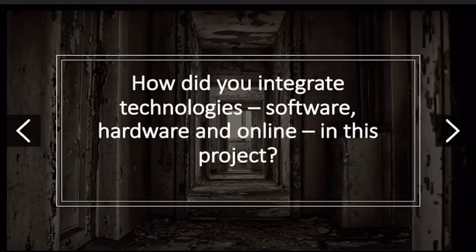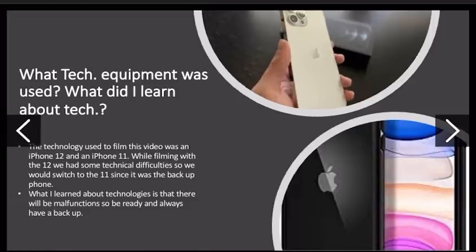How did you integrate technology, software, hardware, and online in this project? What technology equipment was used and what did I learn about technology? The equipment used was an iPhone 12 and an 11 and computers to edit. While using the iPhone 12, due to low storage, we had to switch to the 11 as a backup phone.